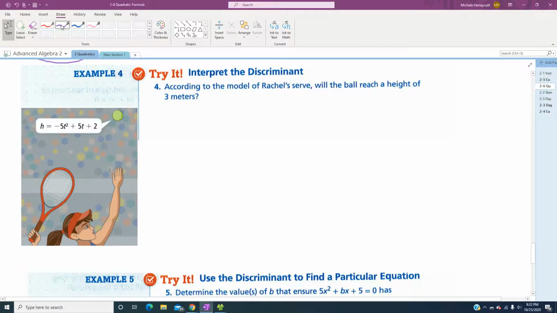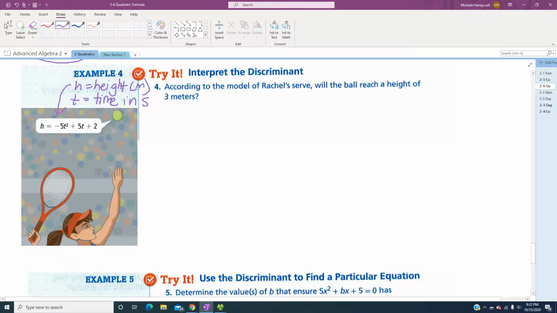So you do need to write this model down right there. h is the height in meters of the ball, and t is the time in seconds after she served it. So the height of her ball is following this pattern.